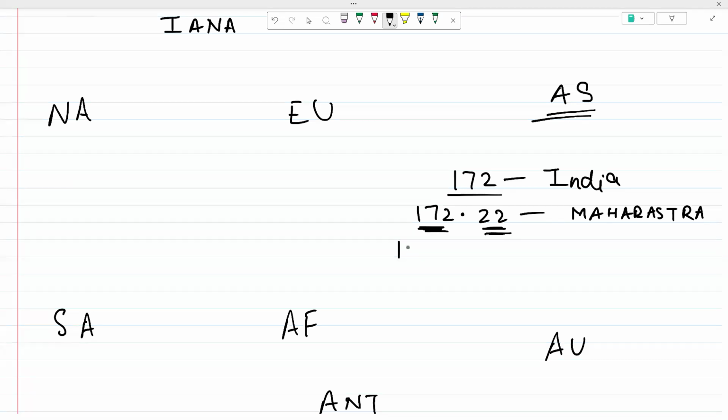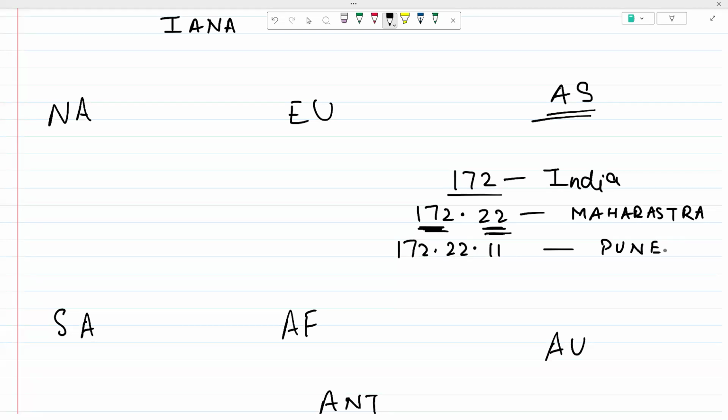So let's say 172.22 dot the third octet, let's say it is 11. They said we will give 11 to Pune. So all the users in Pune now will have an IP address starting with 172.22.11.